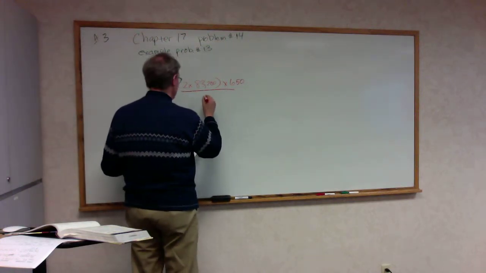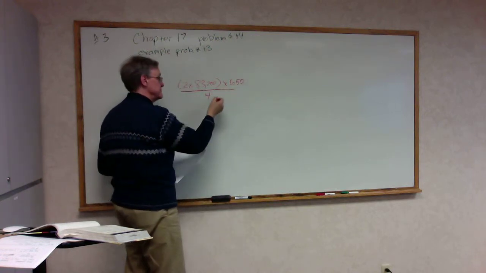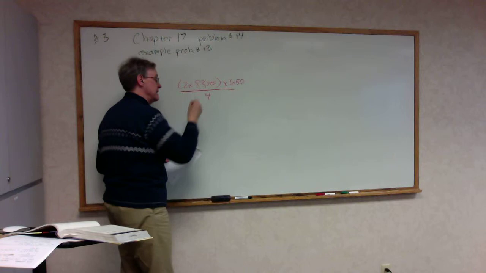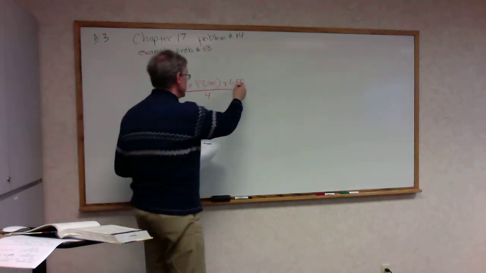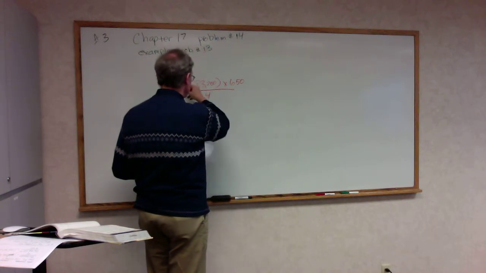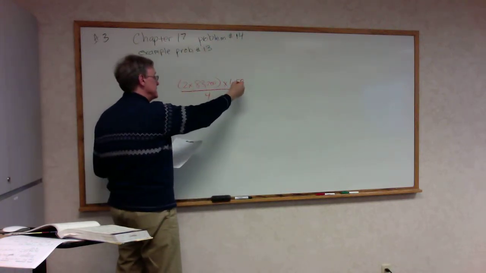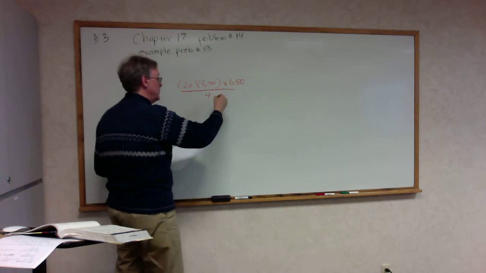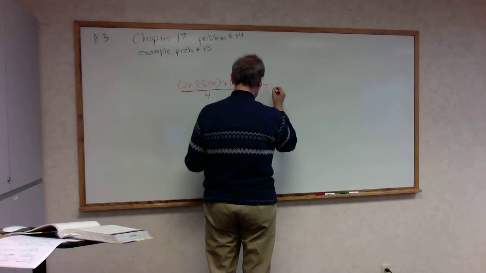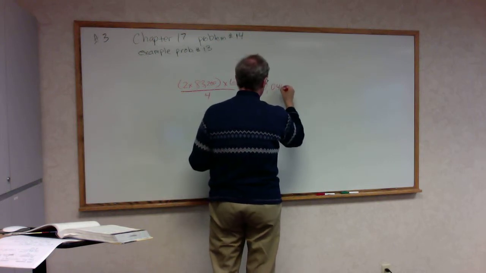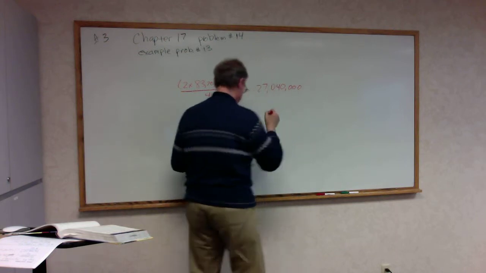So that number goes below here. This is the order cost, this is carrying cost, and this is the number of units. And so when we do this, 2 times 83,200, that number times 650, that divided by 4, our carrying cost, we get this number, 27,040,000.